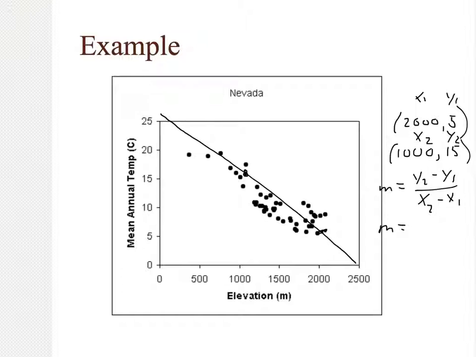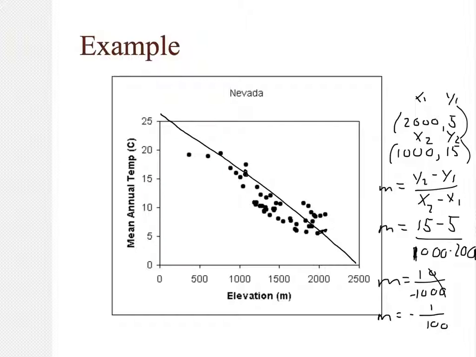Plugging in the information, it's 15 minus 5 over 1,000 minus 2,000. So m is equal to 10 over negative 1,000, which simplifies to m is equal to negative 1 over 100.